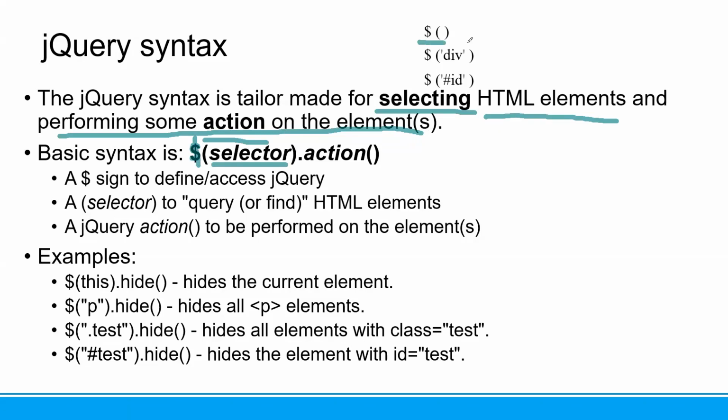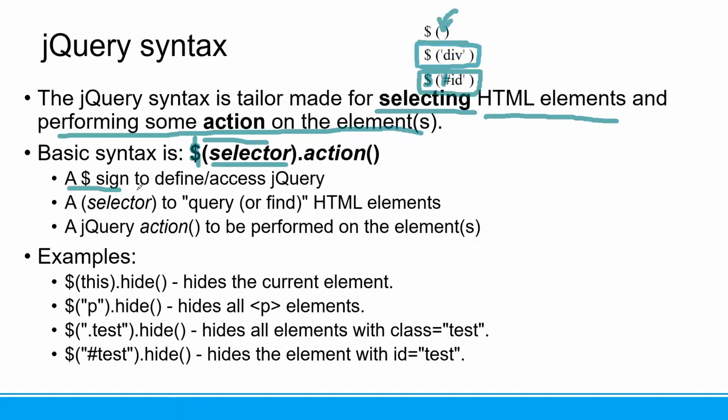It can be like this one, $ and a blank. So we need to write something in this blank, in the parentheses. Let's say I want to access the div, then you can put the $ and div. If I want to access the ID, then you can put the $ sign, then the sharp, and then call the ID.